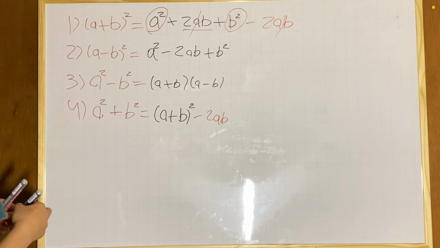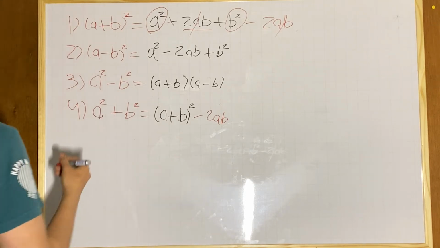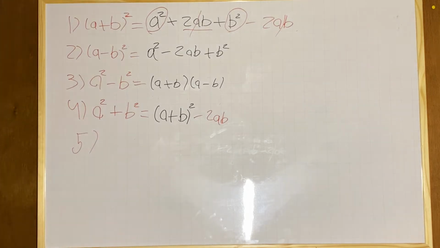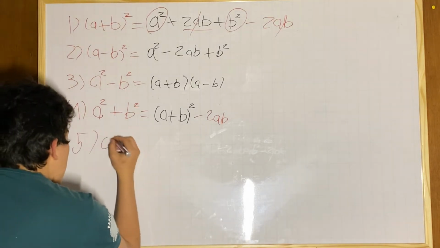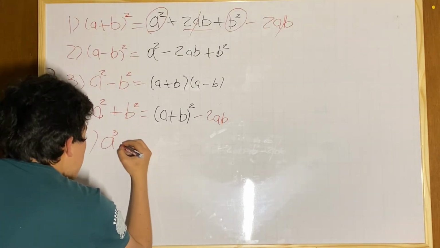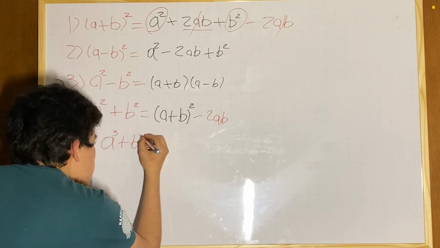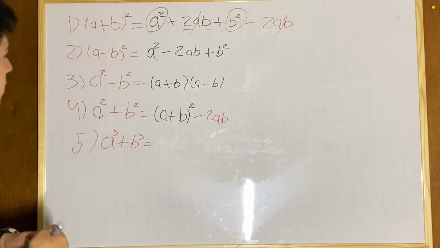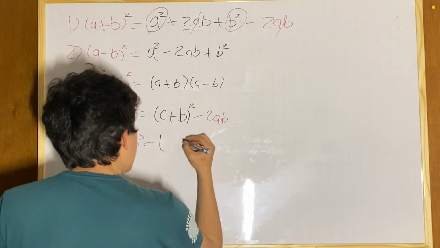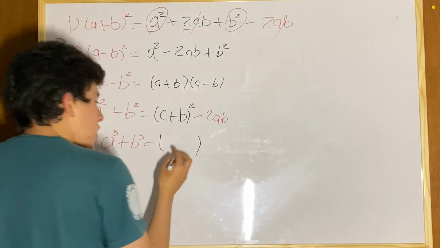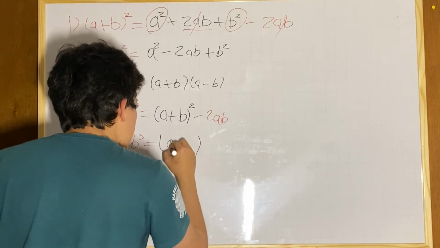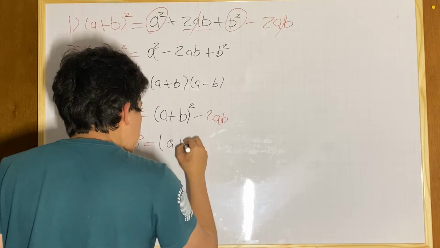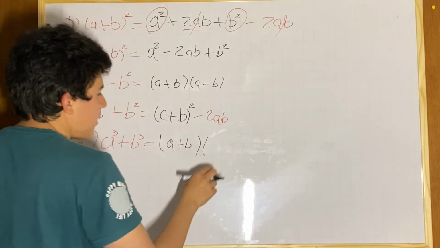Now, what if we jumped to the field of the cubed numbers? So now let's say we have a cubed plus b cubed. It is something pretty easy, you just need to know the rule. So you're going to open two parentheses. In the first one, you're going to say a and now the sign that you have in the expression, which in this case would be plus b, times the second parenthesis.